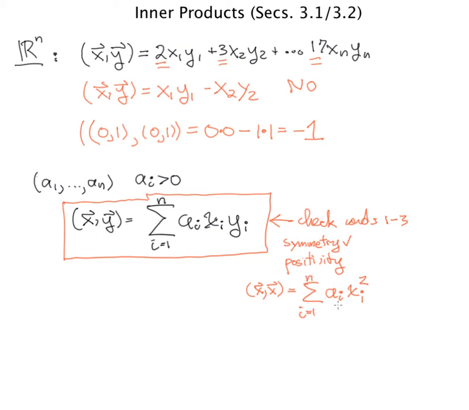And because I assumed the ai's were positive, this is certainly a non-negative number, and the only way it can be 0 is if all the xi's are 0. The only thing that requires a little bit of checking is condition 1, the bilinearity condition. So why don't you pause the video and check that.